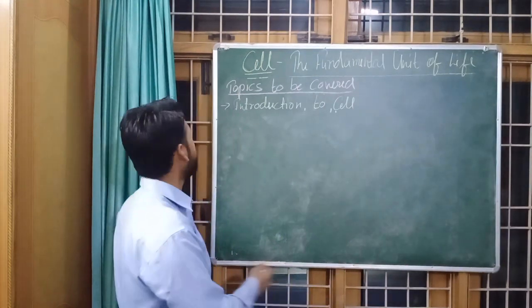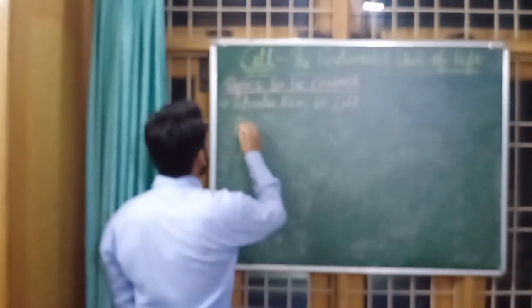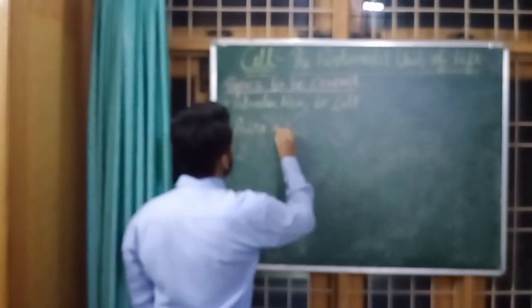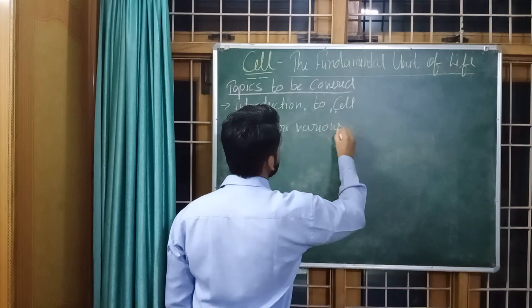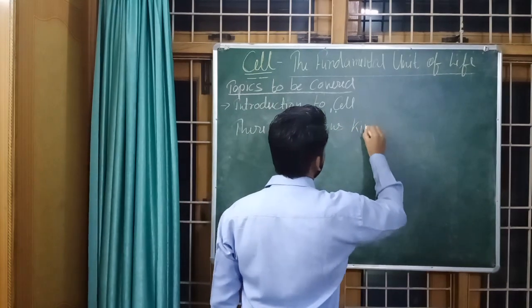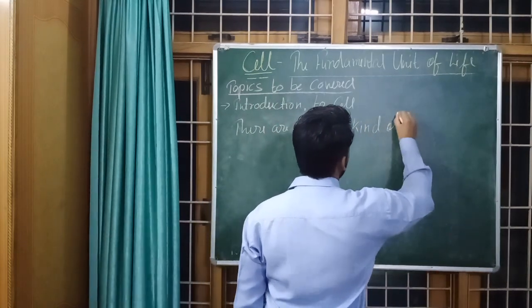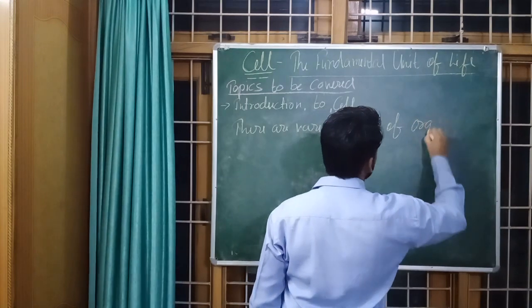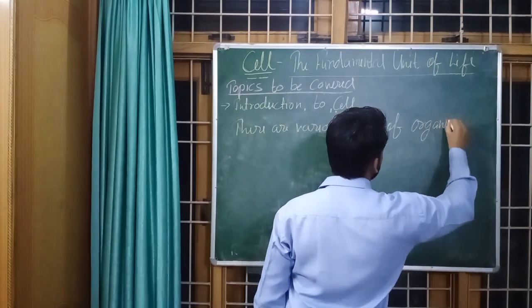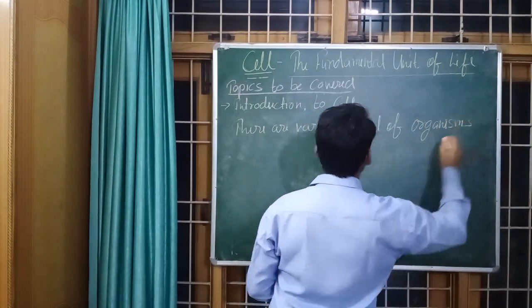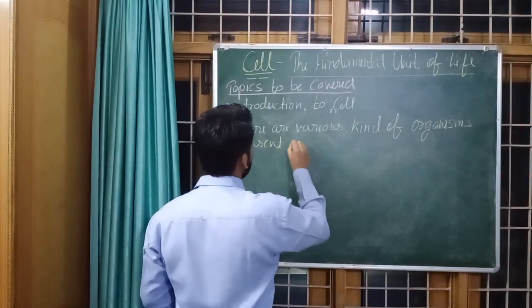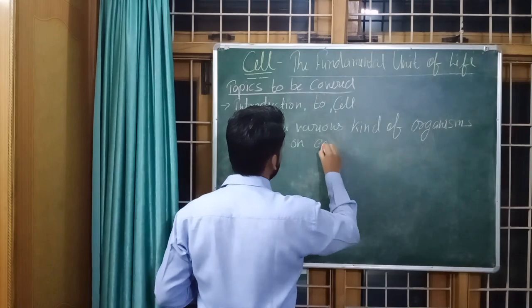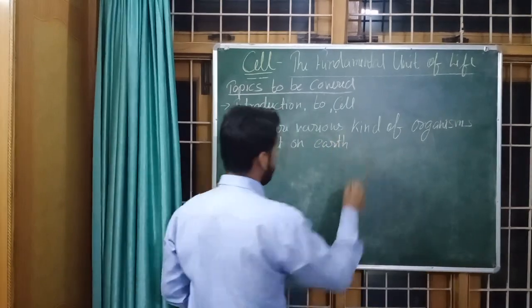So here, first of all, we can say there are various kinds of organisms present on earth.